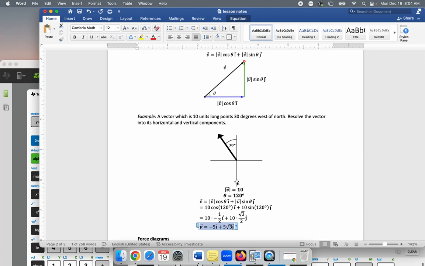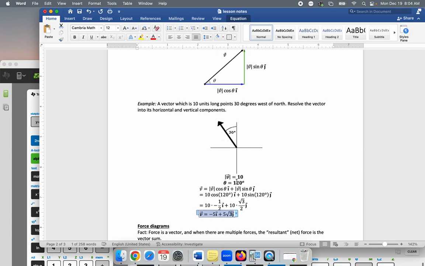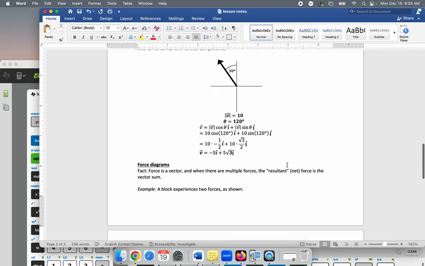I would not say that the two forms are equally good. The horizontal and vertical component form of the vector is really the natural form of the vector. I just want to make that comment.